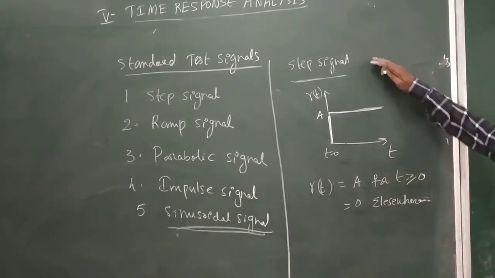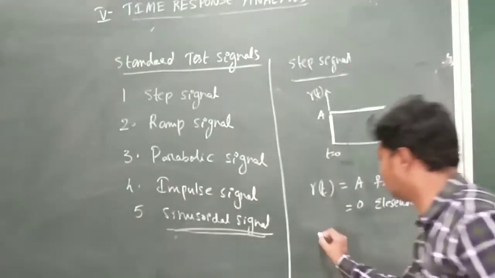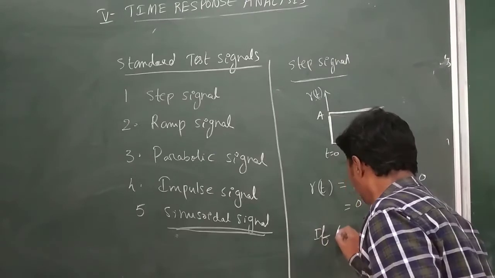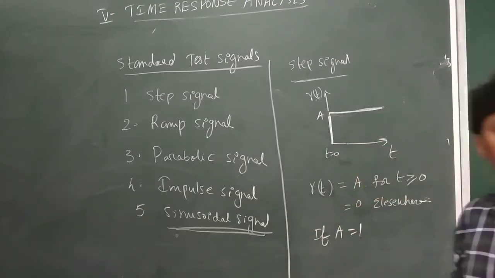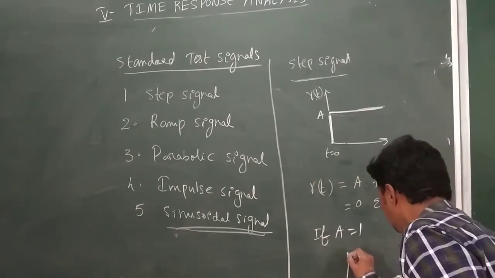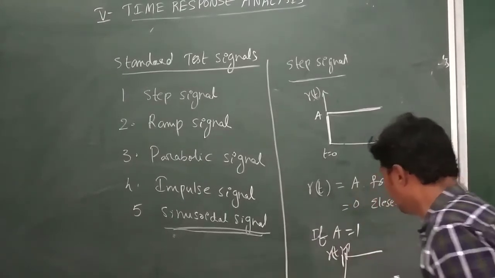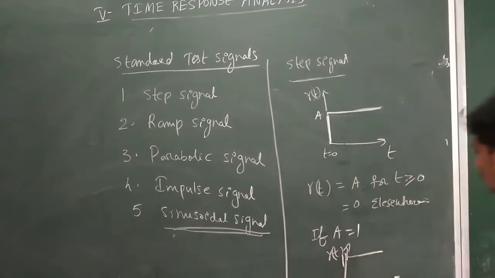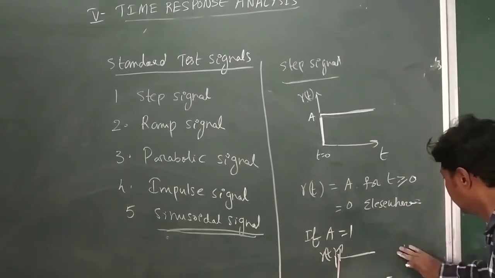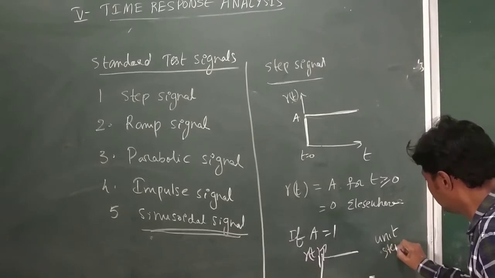So this is the step signal. If A is equal to 1, I will draw the graph here. This is R of t, and A is equal to 1. We call it the unit step signal.